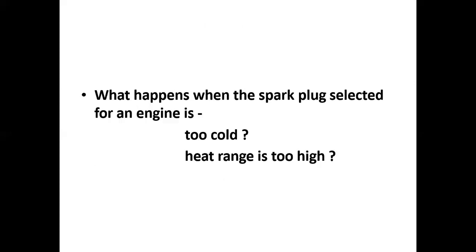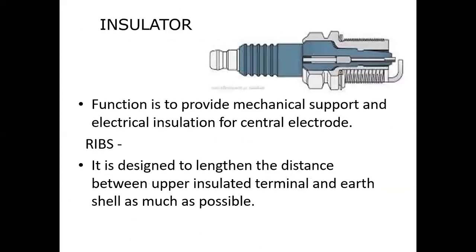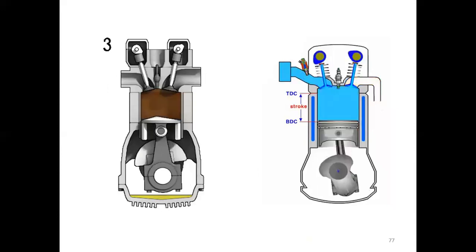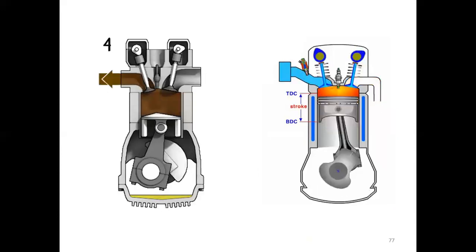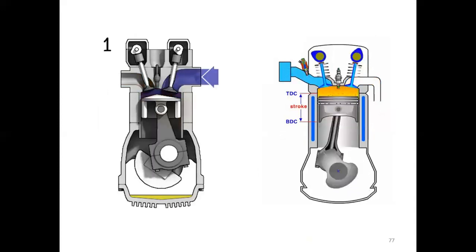These are the applications of spark plug. When we go for a spark plug, we have to know the internal parts of the spark plug, the types of spark plug, and which one is best, hot or cold.